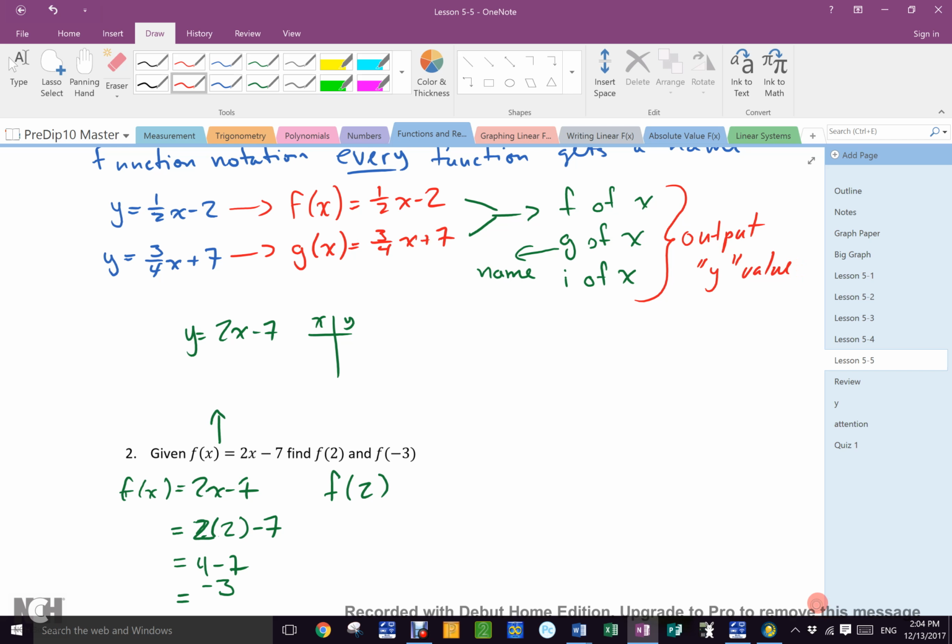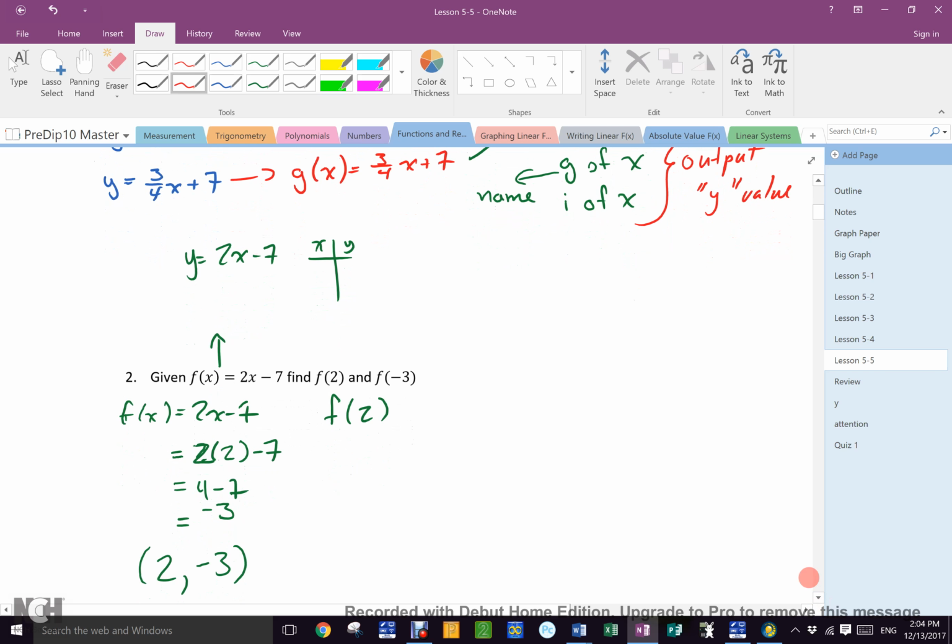So, you guys being the intelligent kids that you are, you should be able to tell me what f of negative 3 is. What is x now? Negative 3. So what is x in the equation? Negative 3. So what is it?